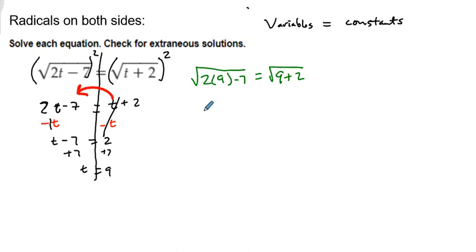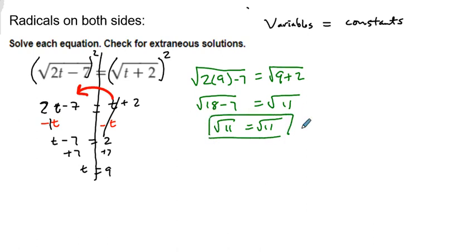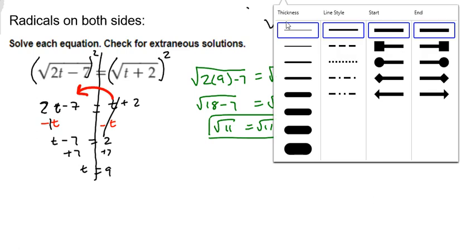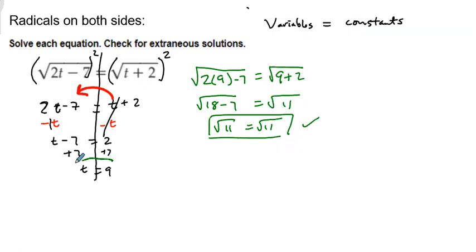Let's simplify this a little bit. This becomes 18 minus 7, which becomes 11, and then this becomes square root of 11 equals the square root of 11. That is good news. It checks out. So we're happy. Circle that. This works.